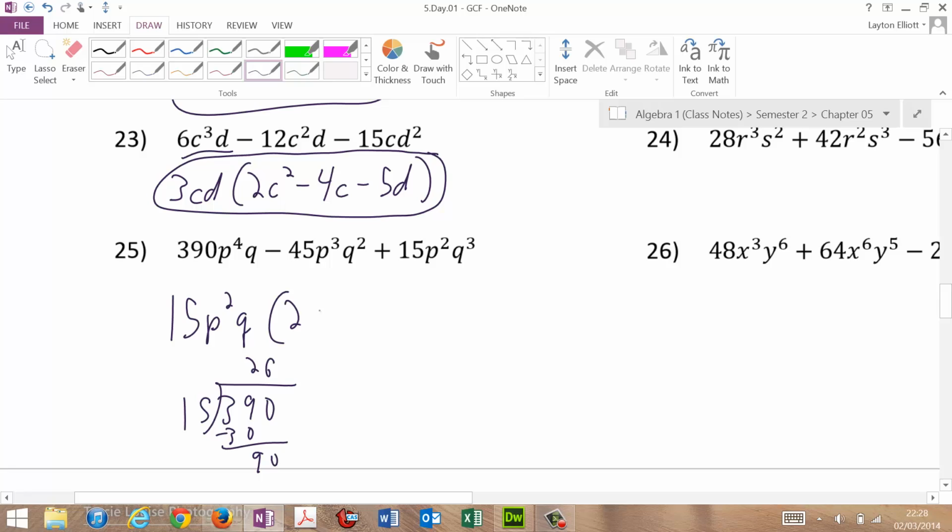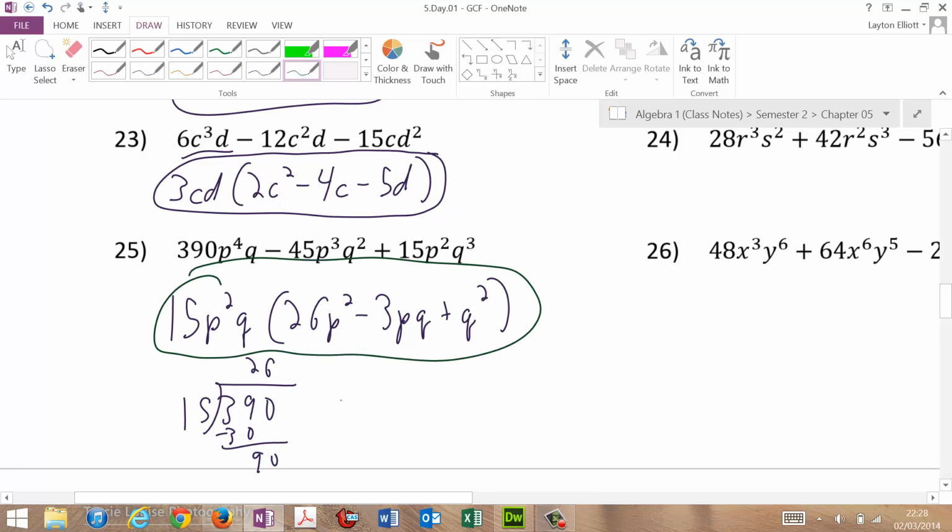So I end up with 26p to the second minus 45 divided by 15 is 3pq, because the q's cancel, and then plus 15 divided by 15 is 1, p squares cancel, and it's q to the second power. And notice how what we have left, I can't take anything more that's common to all three of them. I've taken out the greatest common factor between all of them.